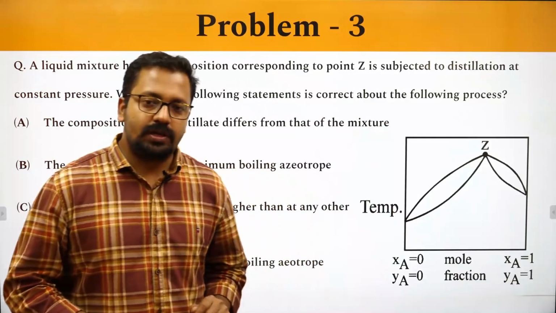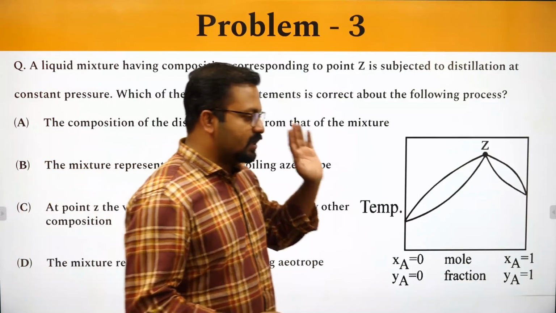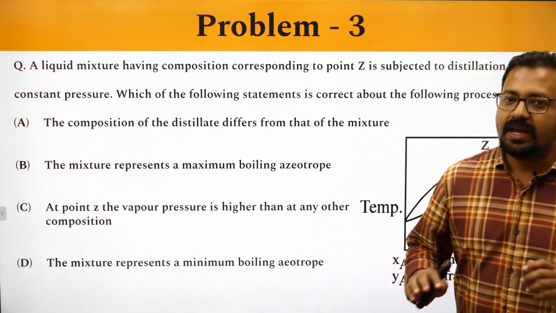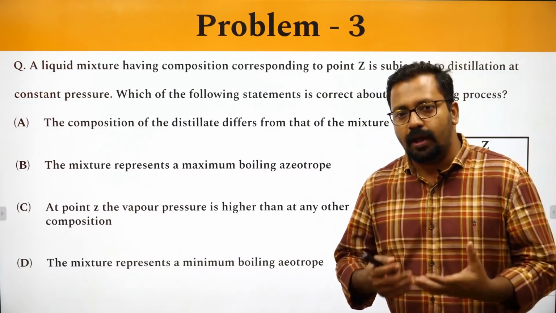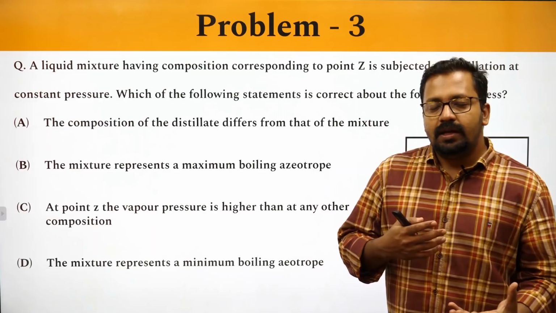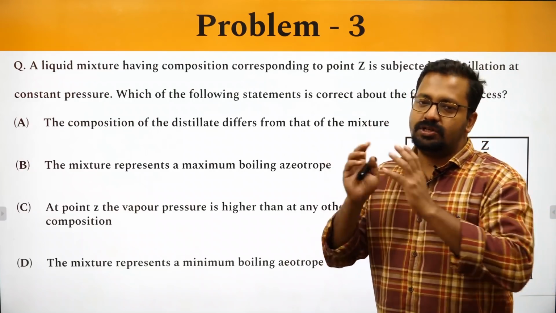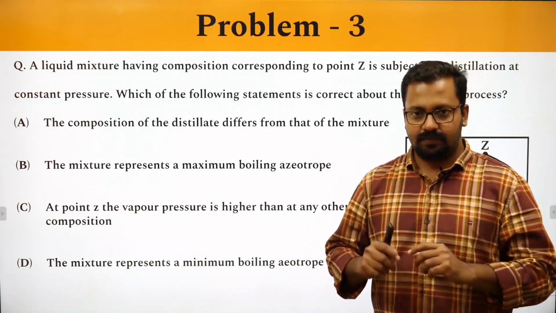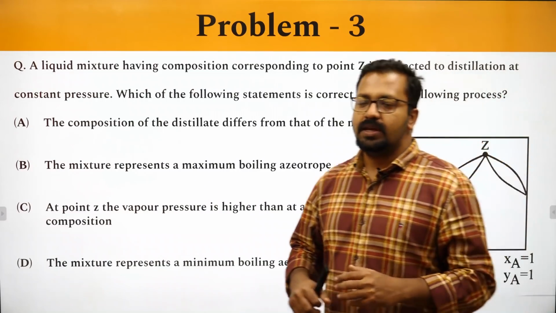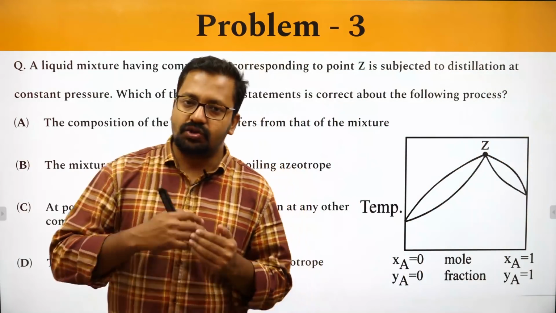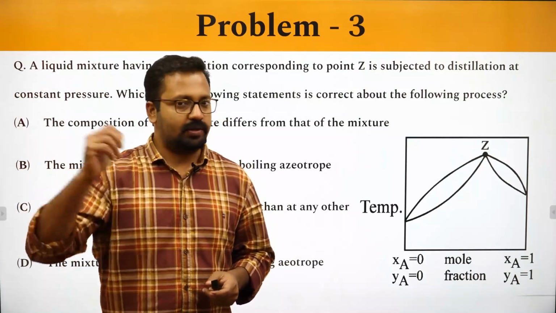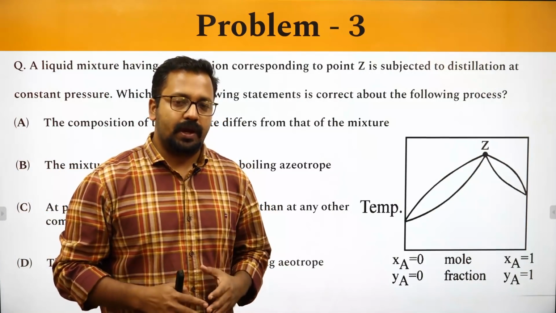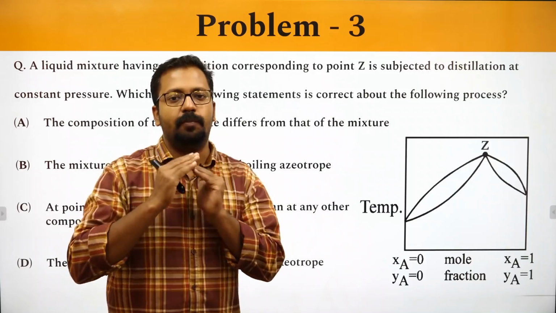So next question is about something known as azeotropic mixtures. What is an azeotropic mixture? An azeotropic mixture is one which, if you boil, will not have a different composition in the distillate. Usually what happens is that when you boil a solution, whatever is more volatile separates out. But in an azeotropic mixture, we hit a roadblock.